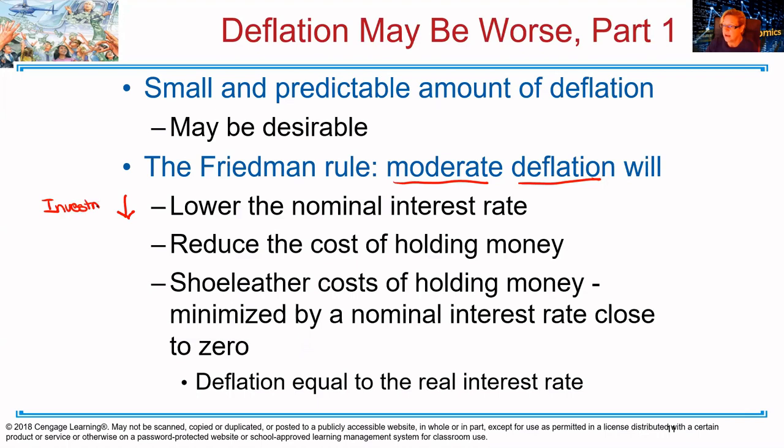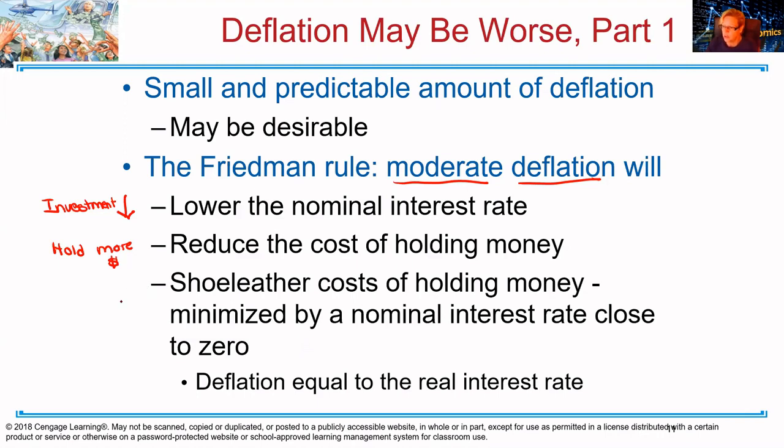So that doesn't sound too bad, right? It reduces the cost of holding money. So that means more people might hold physical dollars because the dollar's not being ripped in half, so to speak. So we see that people will hold more physical dollars. Also, shoe leather costs will decrease, right?